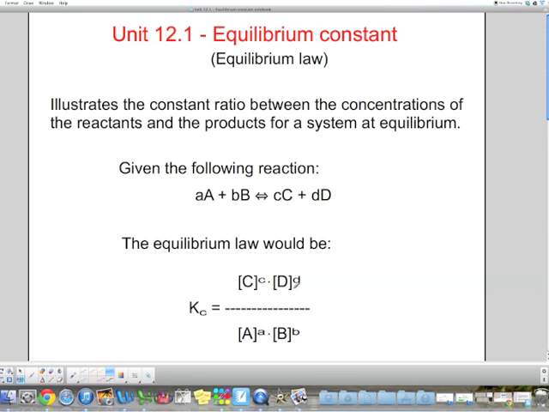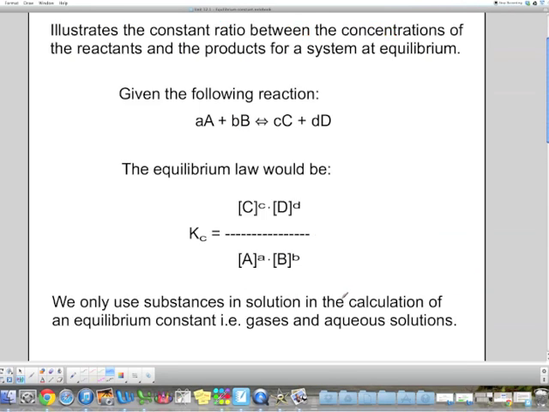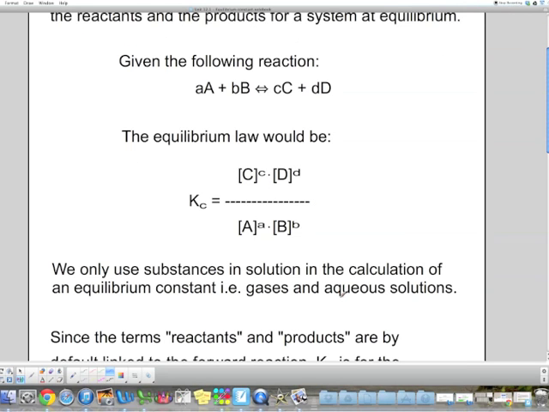So again, products over reactants is the general approach that the constant uses. Now, what does that constant tell us? Again, I'll show you later. It's going to allow us to predict, if we change one or several of the concentrations, which way the equilibrium will shift, so we don't have to actually test it, so we save time.